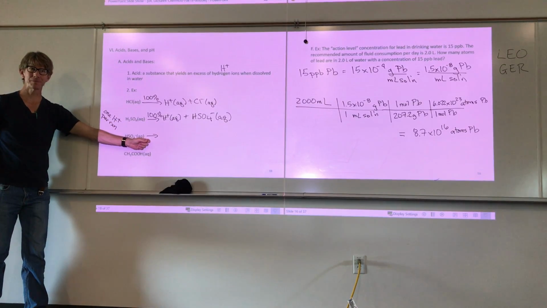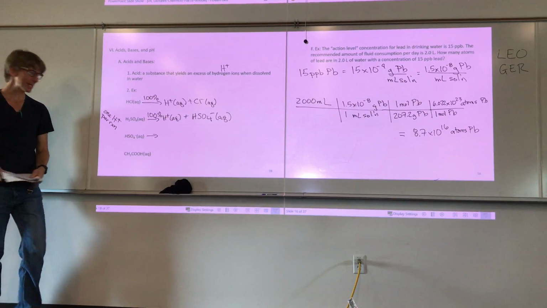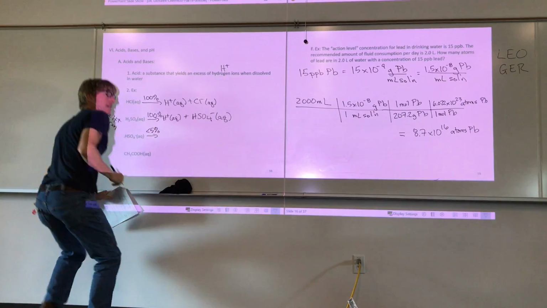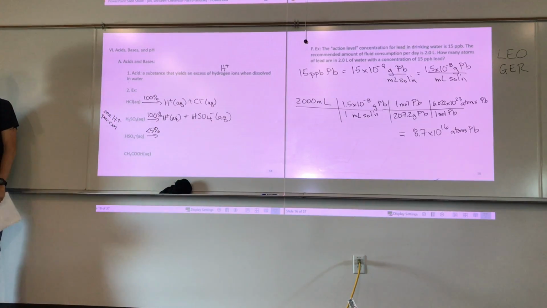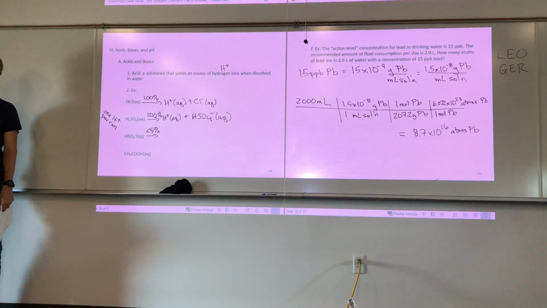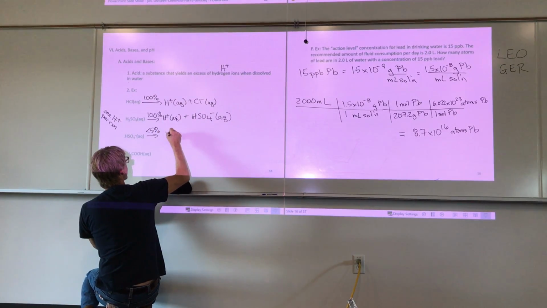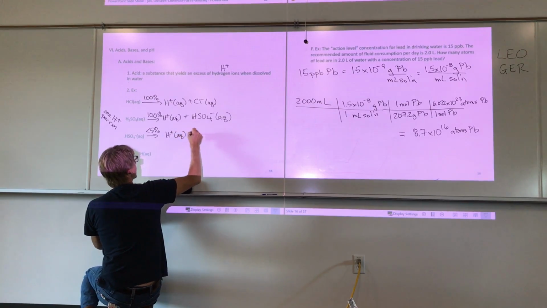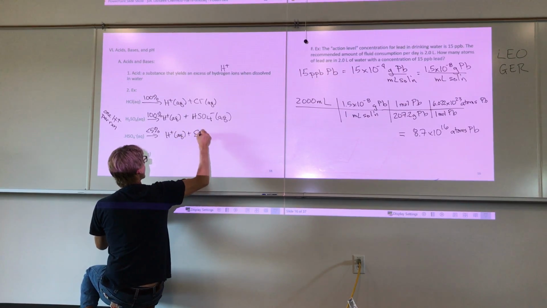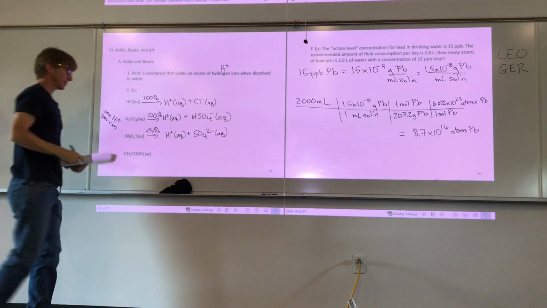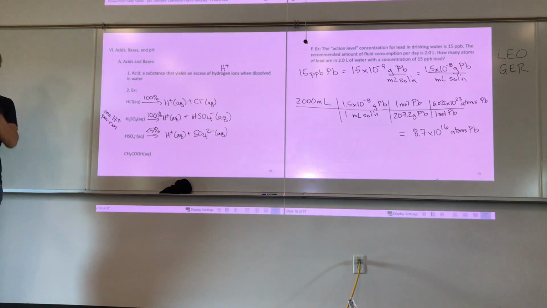HSO4 minus, weak acid, and for weak acids, they break down into ions less than 5%. So they still break into ions, but less than 5%.